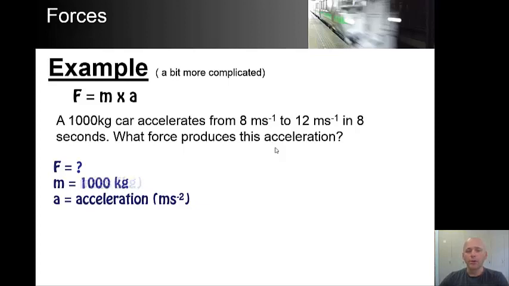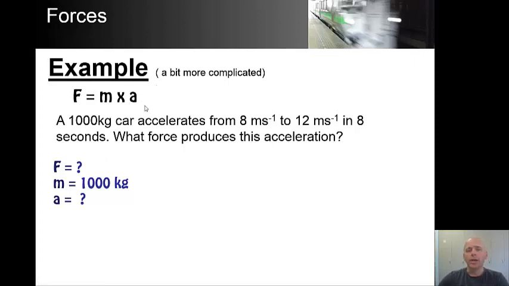Okay, what we do know is its mass is 1,000 kilograms. It's right there in the question. Always read your questions. And acceleration, it says accelerates, but it doesn't actually give us the acceleration, so that's another question mark. So if I've got 2 question marks, so we don't know F and we don't know a, we can't use that equation yet.